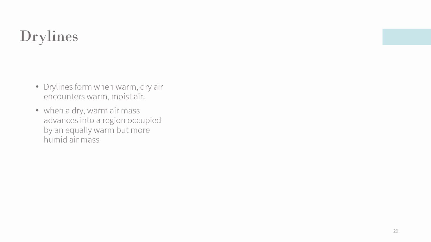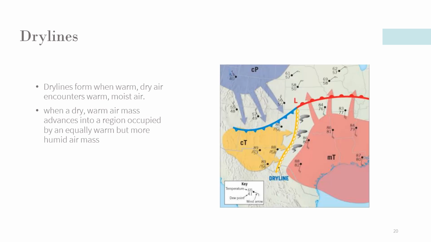A dry line is easily identified by comparing the dew point temperatures of the continental tropical air mass west of the boundary with the dew points of the maritime tropical air mass to the east of the boundary, as shown in this figure.